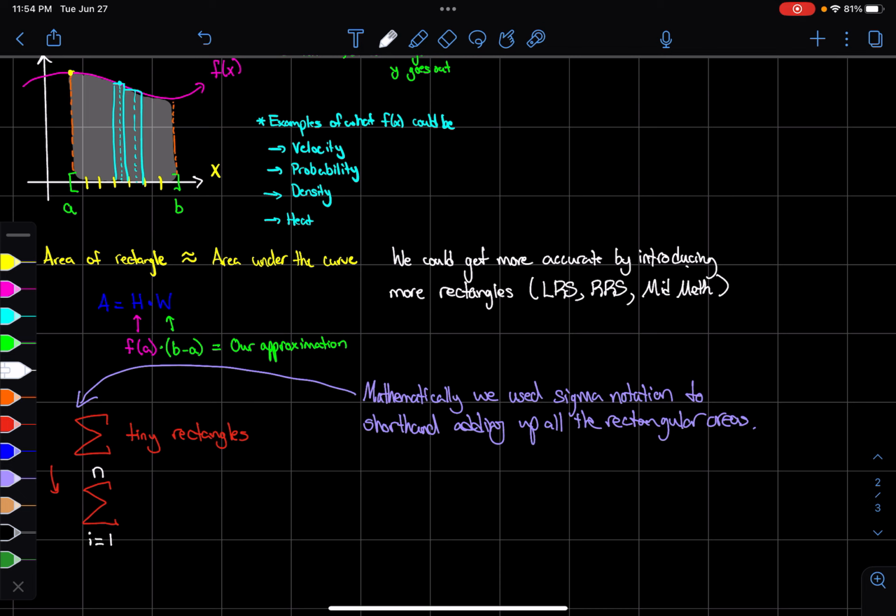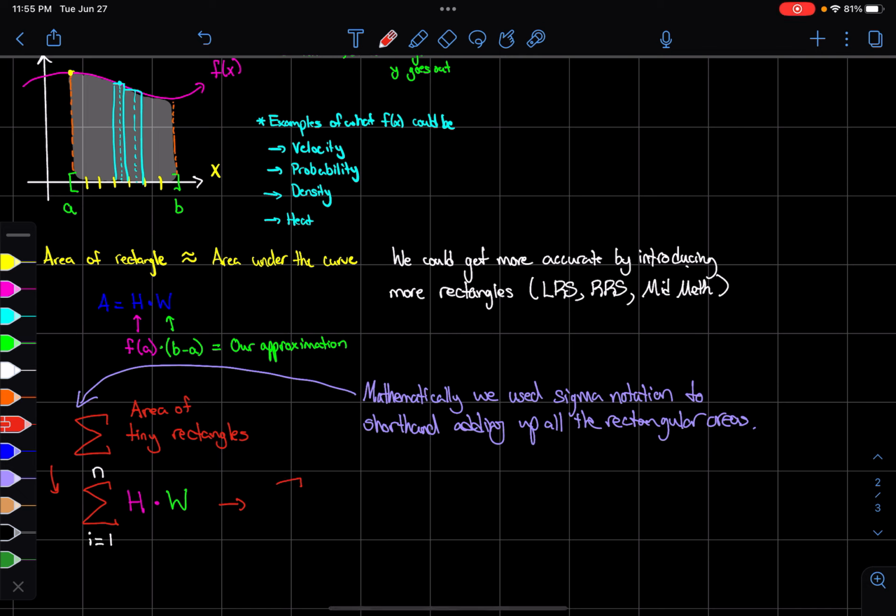And so we said, okay, that makes sense. That's fine. How tall is any of those rectangles, right? Because if we're adding up the area of these tiny rectangles, that's just going to be the height of the rectangle times the width of the rectangle. Okay, that makes a lot of sense.